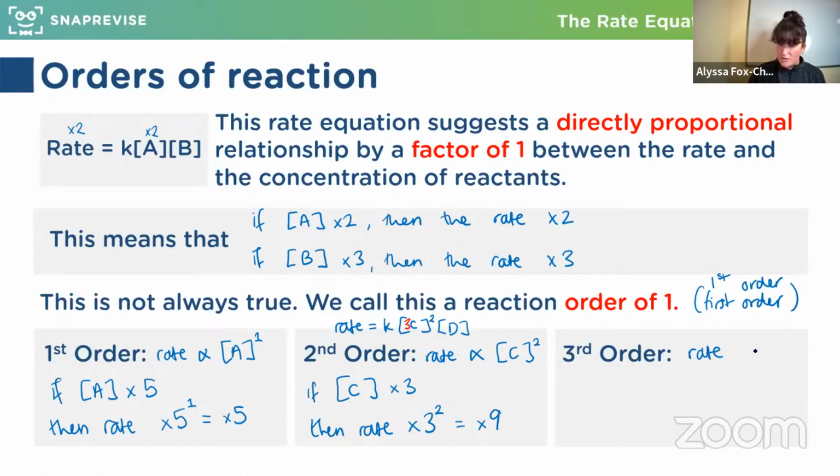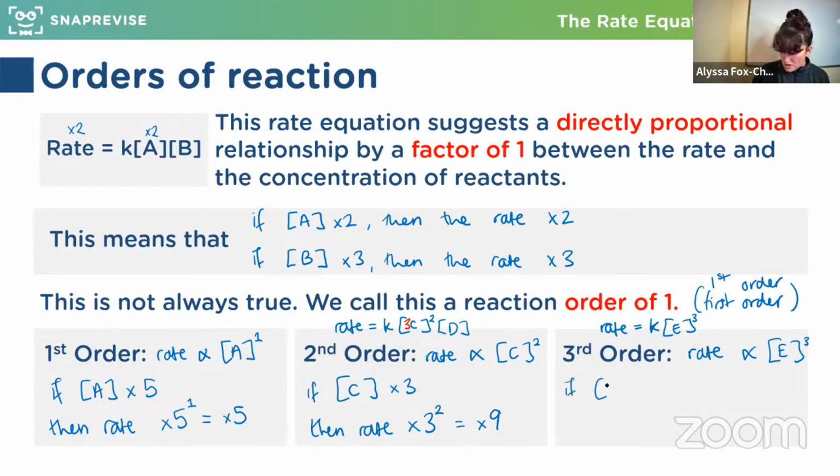Funnily enough, if we have third order, that would mean rate is proportional to the concentration of, let's say, E. So rate is equal to K times, this is a different species now, E cubed. So the rate is going to be proportional to the concentration of that species cubed.